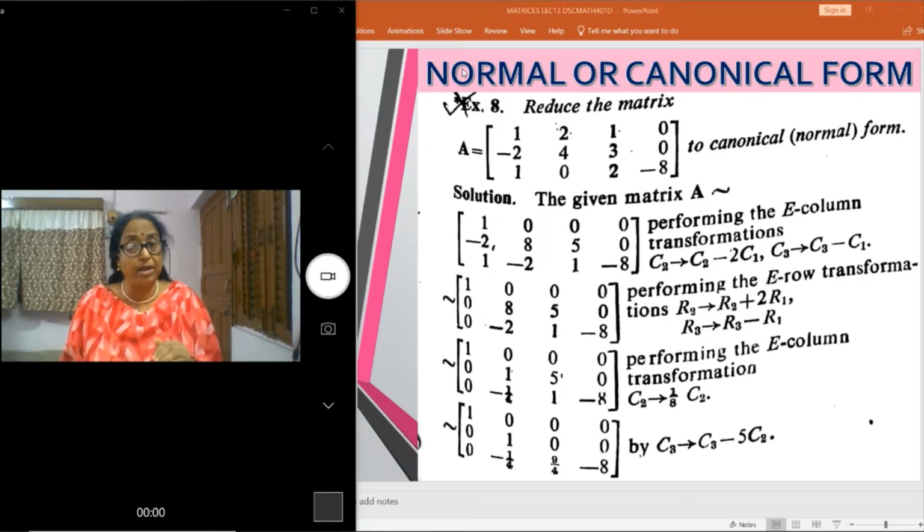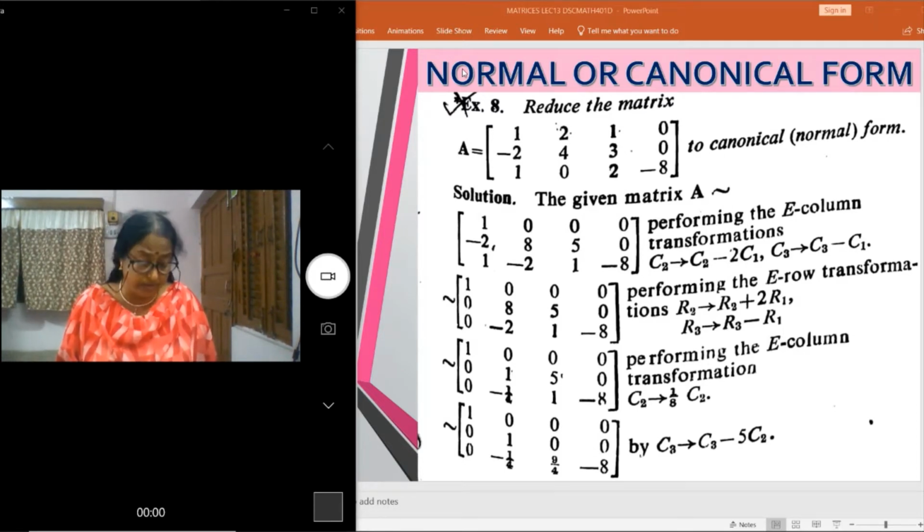At first, when we do the column transformation, all the elements of the first row become 0, leaving the topmost corner element, and then giving the row transformation, all the members of the first column become 0, leaving the first element.